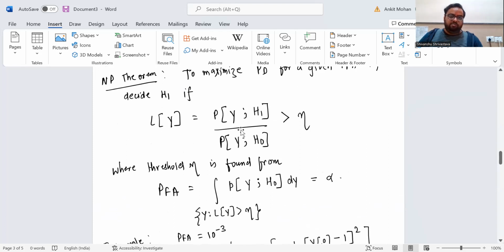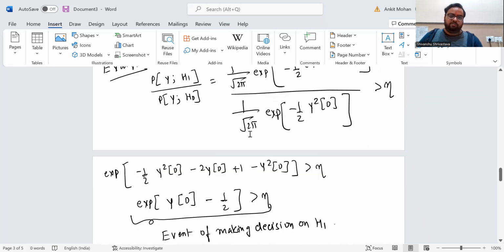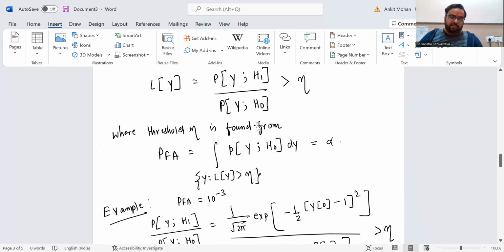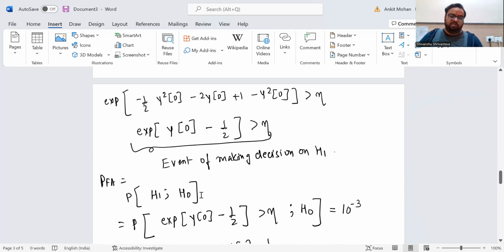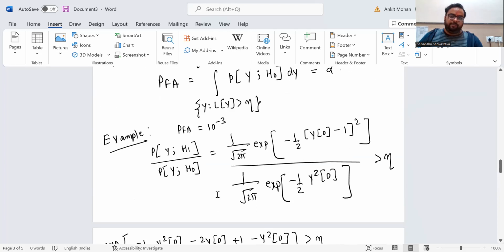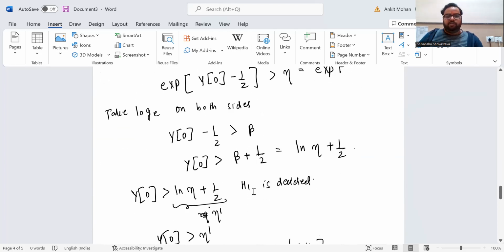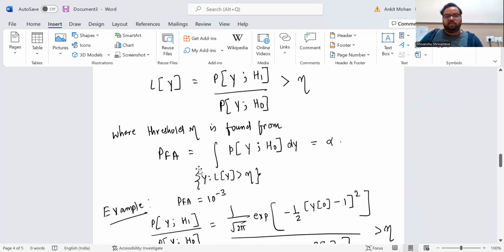From the likelihood ratio, we transform to the region of y0 where this likelihood ratio is lying. Once we obtain the region over y0, we put in the criteria of probability of false alarm, because this probability of false alarm is written as those values of y for which the likelihood ratio is greater than the threshold.